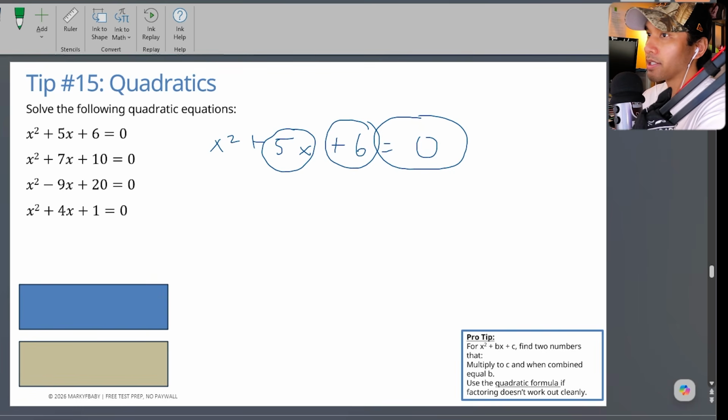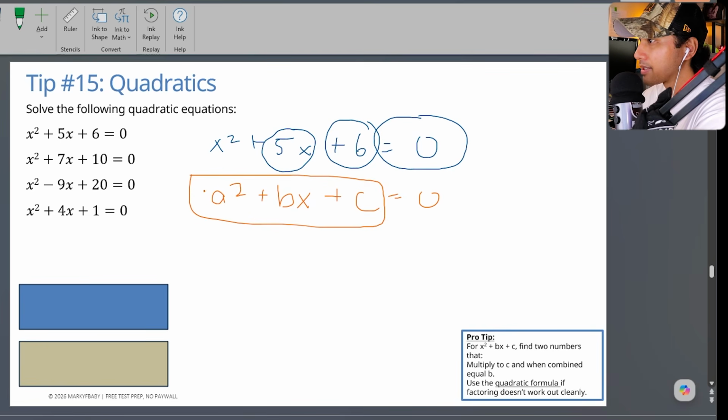And also to let you know what's happening behind this equation, this actually equals ax squared plus bx plus c equaling 0. This is the base, the bare bones. So, for example, a equals 1, b equals 5, and c equals 6.